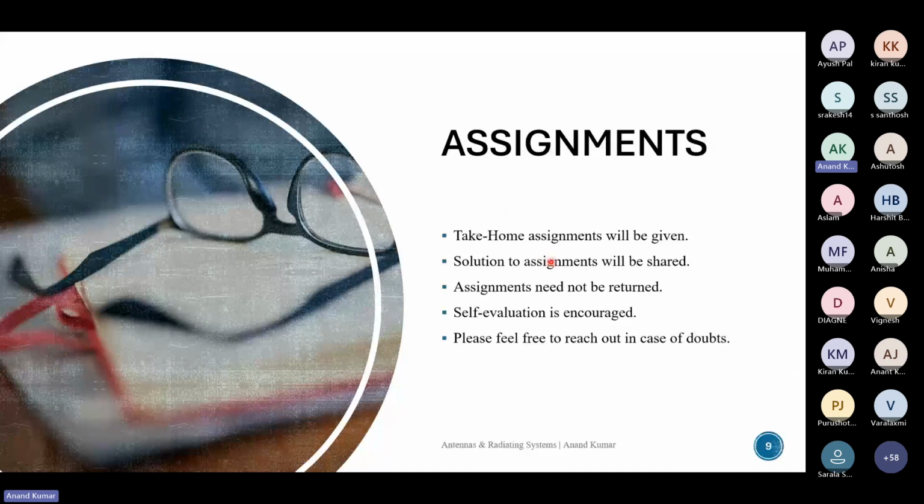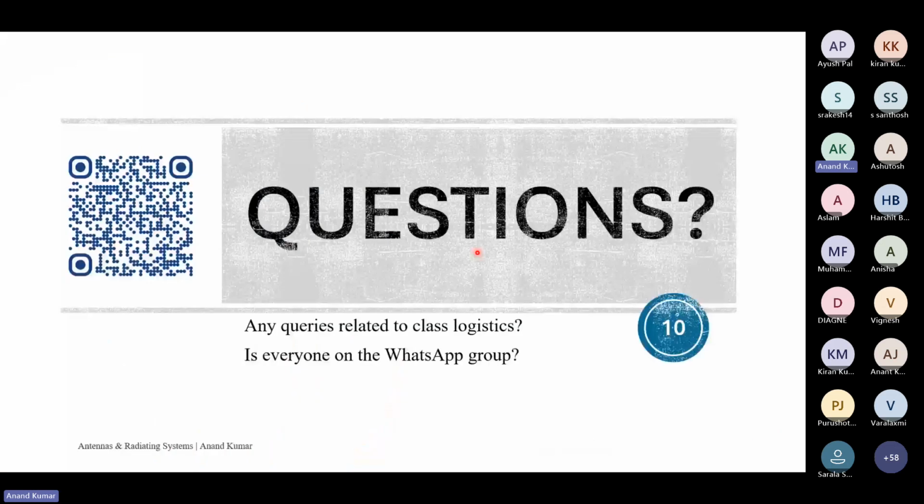I'll pause here and take questions on anything related to the class logistics or this course. Also, is everyone on the WhatsApp group?